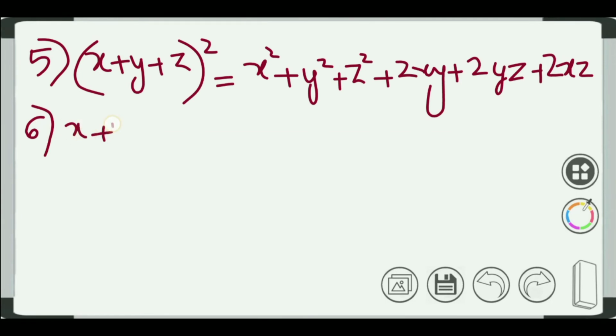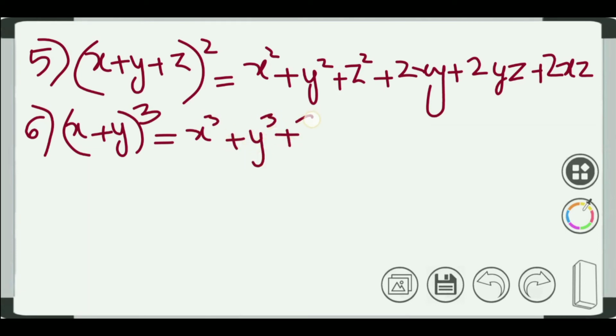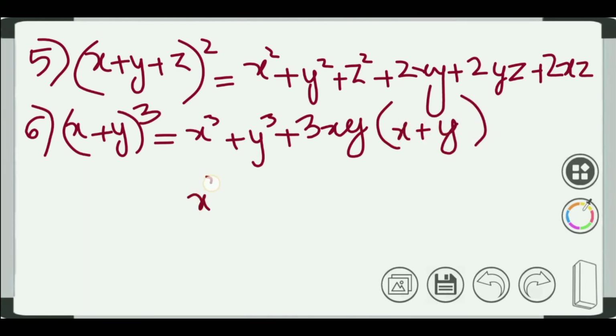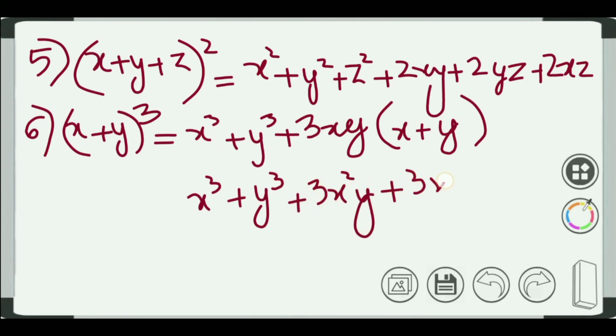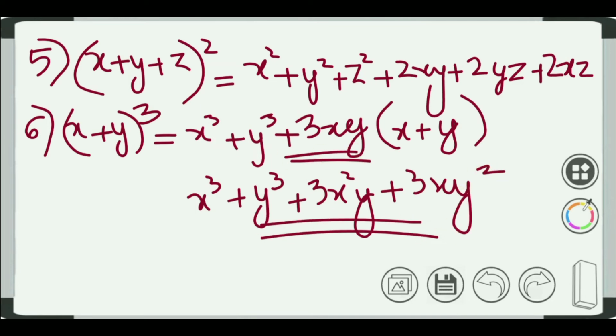Now sixth one, (x plus y) whole cube is equal to x cube plus y cube plus 3xy into (x plus y), or in another way you can write x cube plus y cube plus 3x square y plus 3xy square. Both are correct. Okay. Seventh one, (x minus y) whole cube.